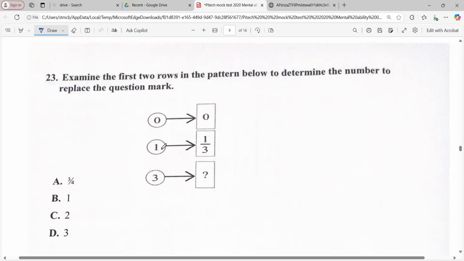No, because 1 times 0 would have been 0. So could it be that for the first one, 0 over 3 is equal to 0? Yeah, I think it's that. And 1 over 3 is 1/3. That means for the final one, it would have been 3 over 3, which is the same as 1.